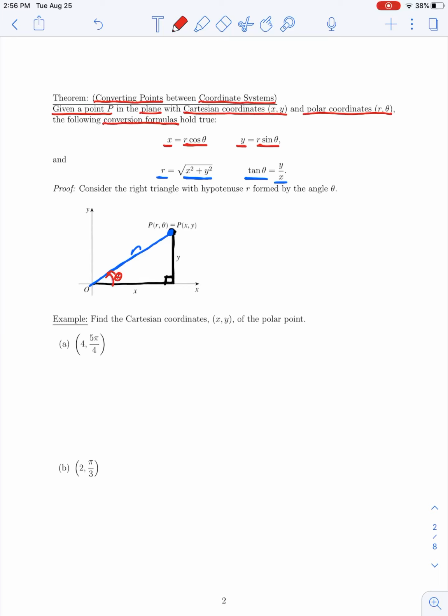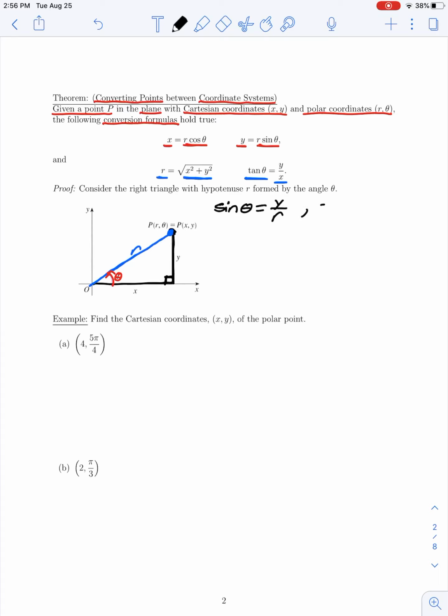So what is the conversion formula between these coordinate systems? Well, we can make use of the fact that this triangle which we formed is a right triangle. So we know, for instance, that sine of the angle theta, our angular coordinate, is equal to the ratio of the opposite side of my triangle, y, over its hypotenuse, which is r.